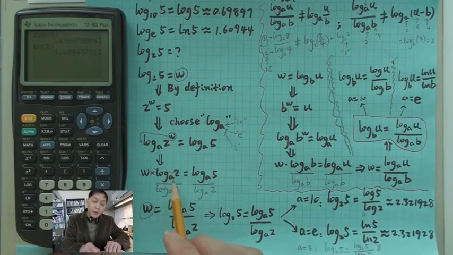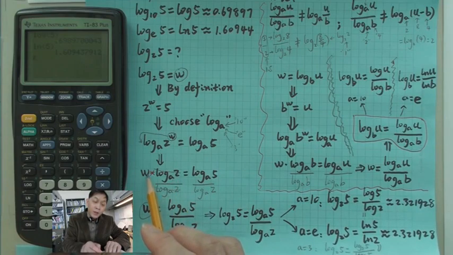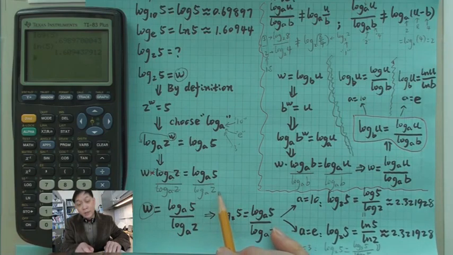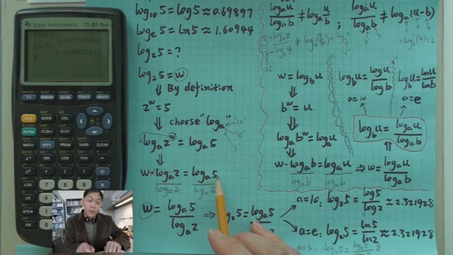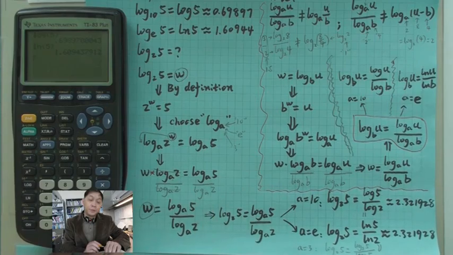The left hand side, the same number, log base a of 2 divided by log base a of 2, that's 1. So that left hand side has only w left over. Right hand side, it has log base a of 5 over log base a of 2. So we end up with w equals that.